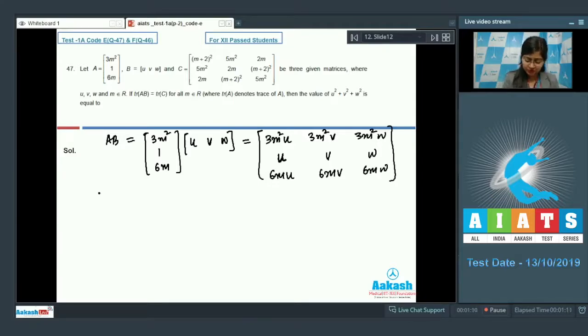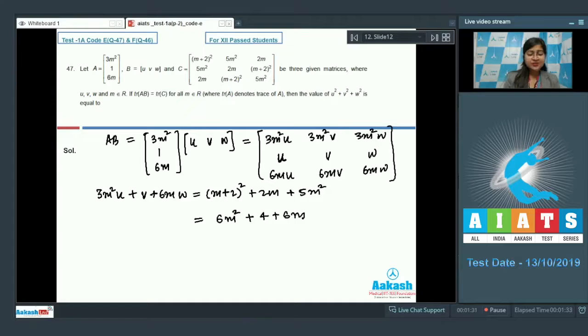It's given that trace of AB, the sum of diagonal elements, 3m square u plus and so on, is equal to trace of C, that is m plus 2 whole square plus 2m plus 5m square. So expanding it, we will get 6m square plus 4 plus 6m. Now as these two are equal for all values of m belonging to R, we can say the coefficients of m square, m, and the constant term should be equal.